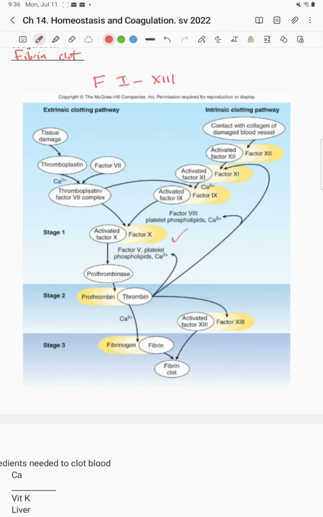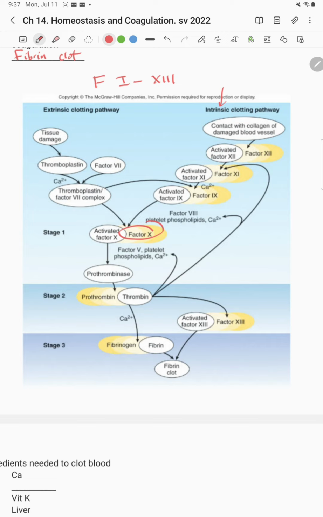So an important factor is factor 10, because on the extrinsic pathway, factor 7 activates factor 10, and on the intrinsic pathway, factor 9 is going to help activate factor 10. Okay, but our key is factor 10 is activated.